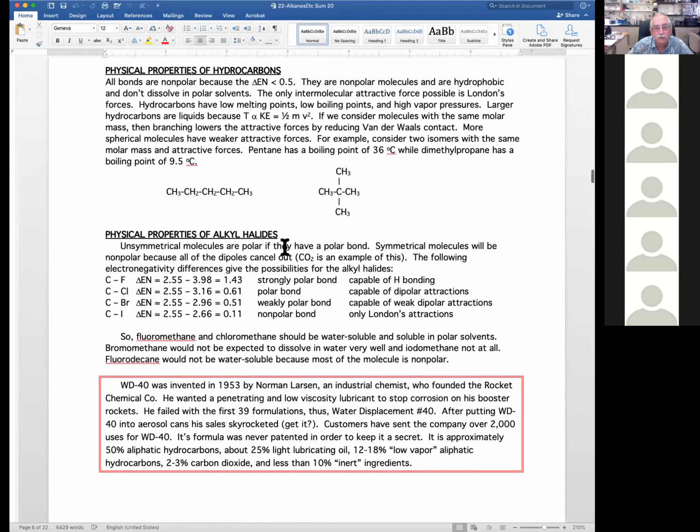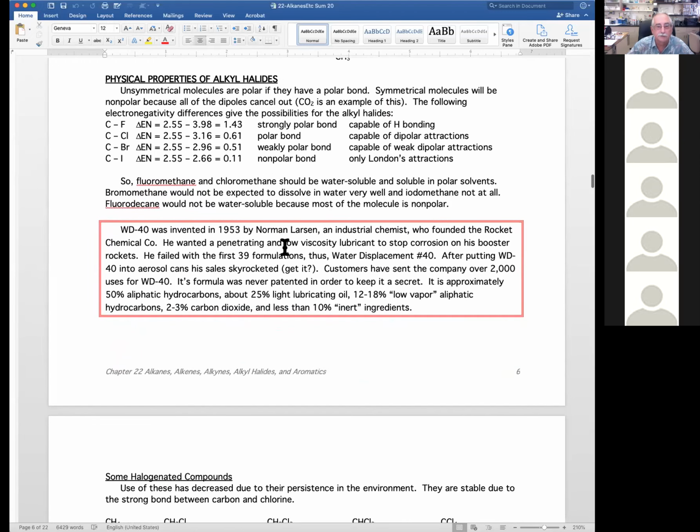Okay, what about the physical properties of alkyl halides? Well, I've always done this. It's hard to find a textbook to do this. I simply looked at the electronegativity values. And you can see that fluorine and carbon is a strongly polar bond capable of hydrogen bonding. Carbon and chlorine is a polar bond capable of dipolar attractions.